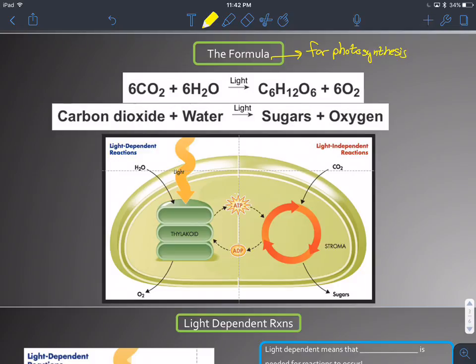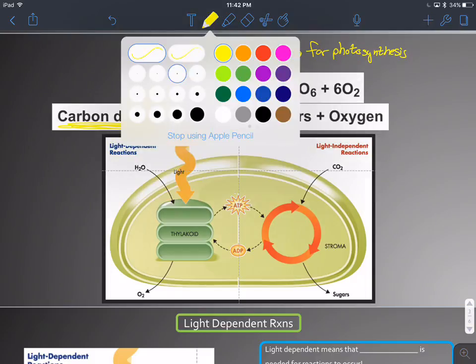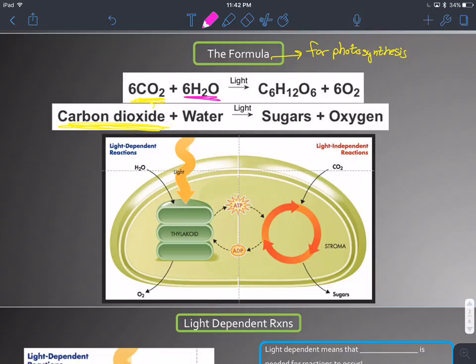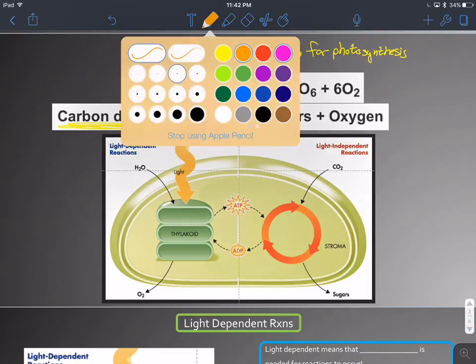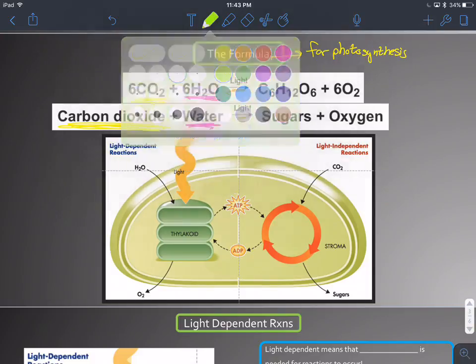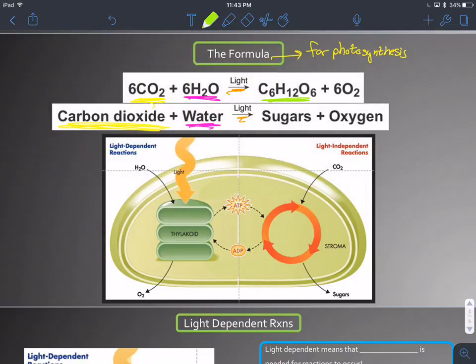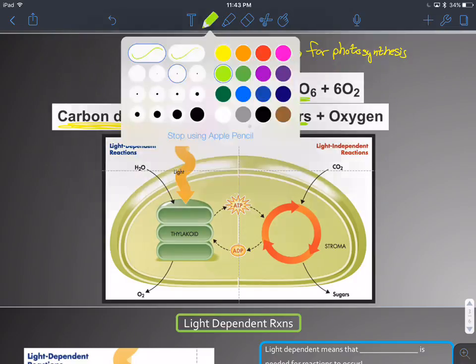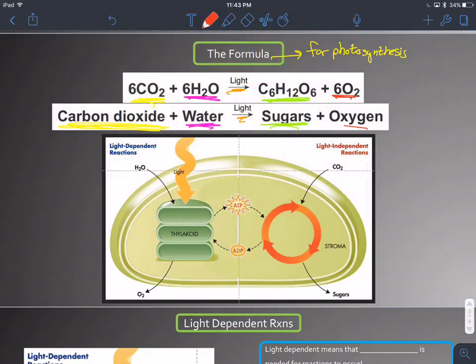And so the formula shows that we have carbon dioxide, and this is carbon dioxide, plus water in the presence of sunlight, remember we need sunlight, produces sugar and oxygen. And this is super important because, as you all know, we need oxygen.